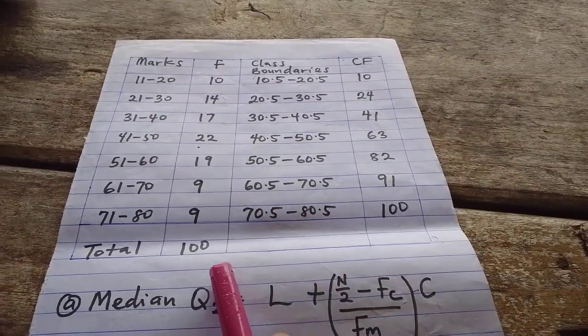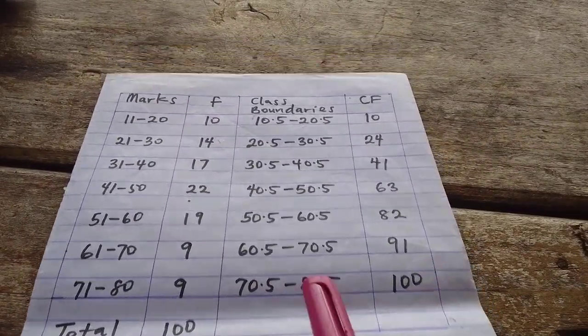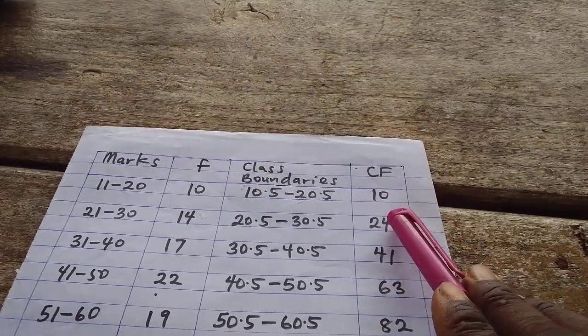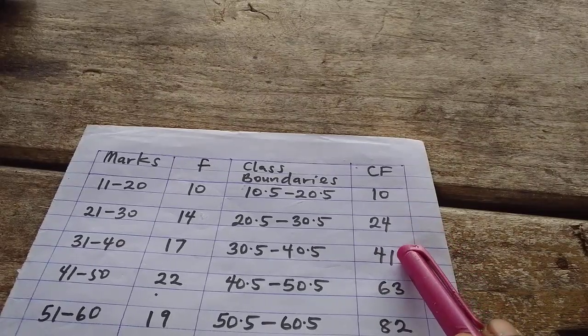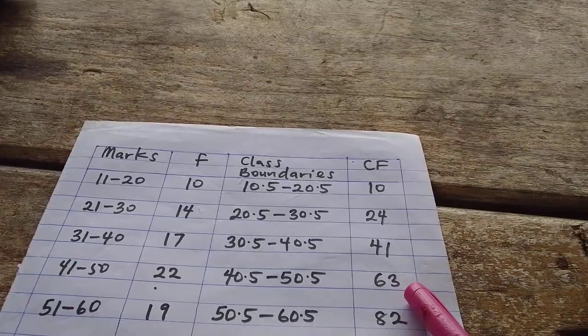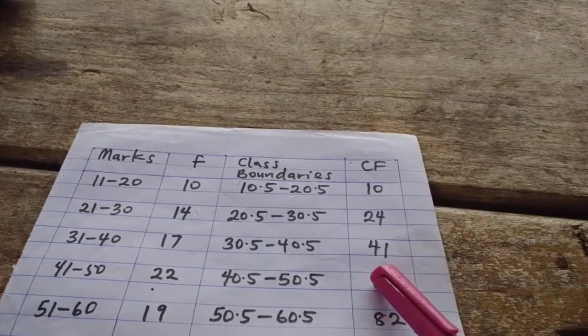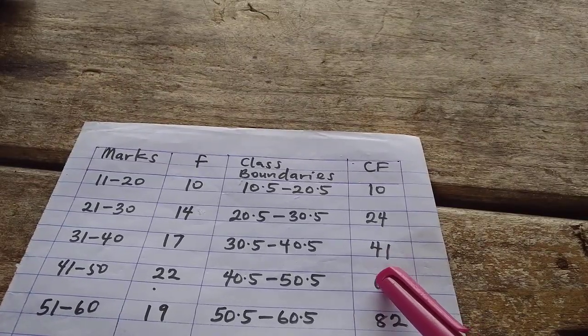N represents 100. 100 divided by 2 will give us what? 50. So by the time you look at the cumulative frequency, this is 24, not up to 50, and 41 is not up to 50. Then this is 63. 63 is more than 50. It means the median is going to be in this group.